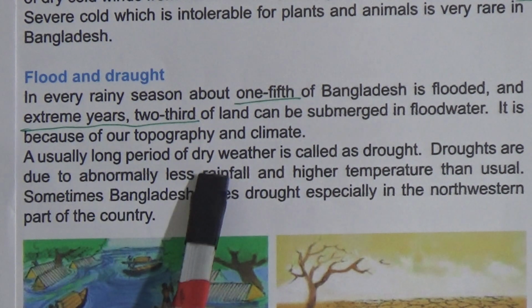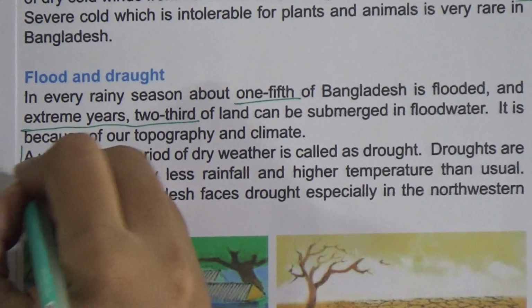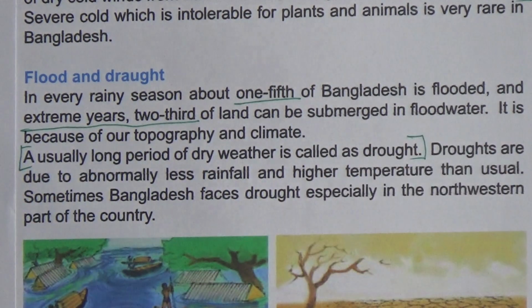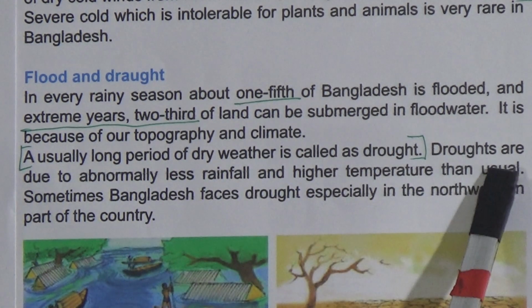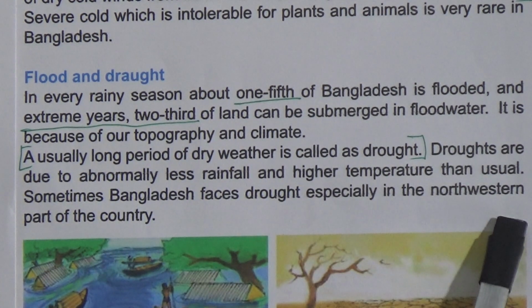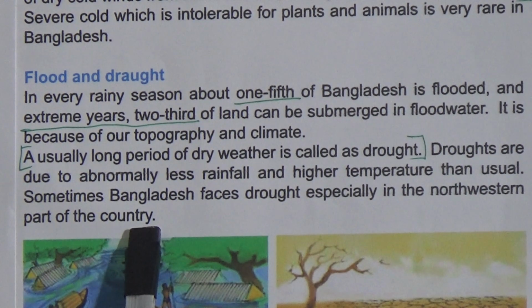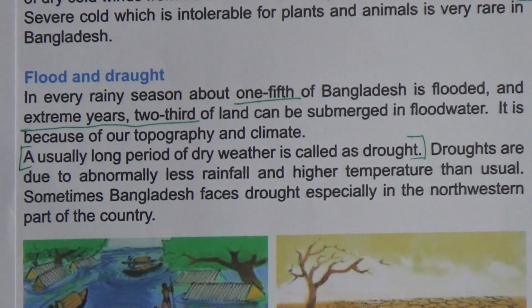An unusually long period of dry weather is called drought. This is the definition of drought. Droughts are due to abnormally less rainfall and higher temperature than usual. Sometimes Bangladesh faces drought, especially in the northwestern part of the country. This is the picture of flood that is now occurring in some parts of Bangladesh, and this is the picture of drought.